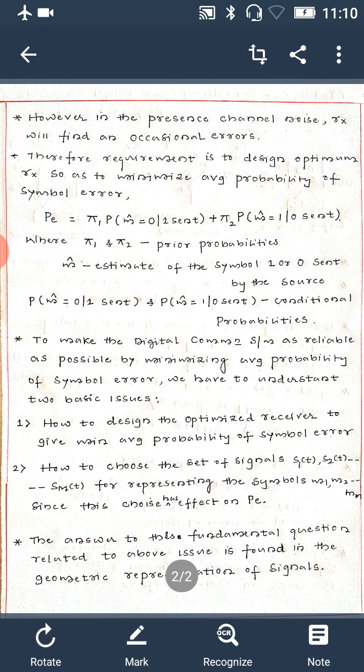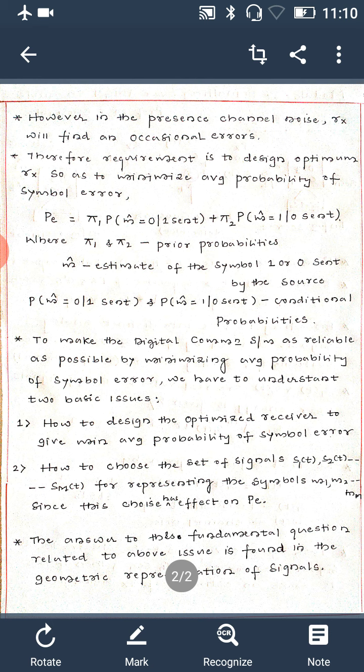P of m cap equals 0 when 1 is sent, and P of m cap equals 1 when 0 is sent, are called conditional probabilities. In a digital communication system, the main objective is to make the system as reliable as possible by minimizing the average probability of symbol error.